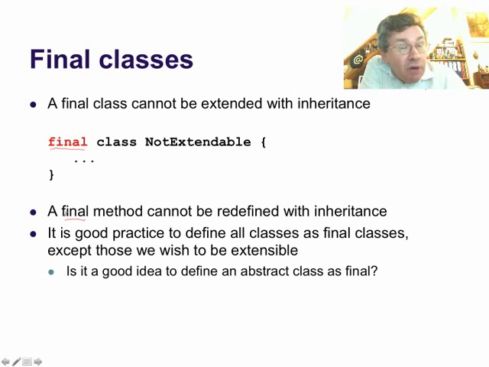By default, though, classes are extensible. It's only when they're annotated final that they're not extensible. In fact, it is good practice to define all classes as final classes except those that you wish to be extensible. So, as a final question, is it a good idea to define an abstract class as final?